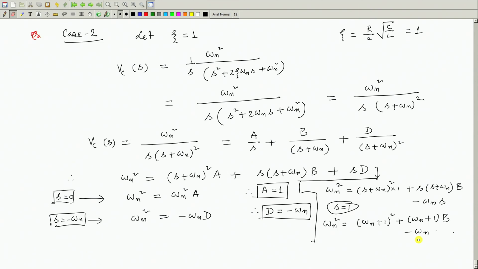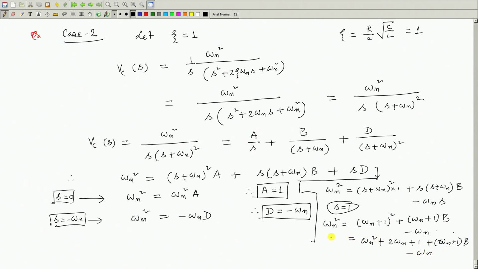Now, it can be easily solved for that. It is better I work it out. If you expand this, it will be omega n square plus 2 omega n plus 1 plus omega n plus 1 into b minus omega n.